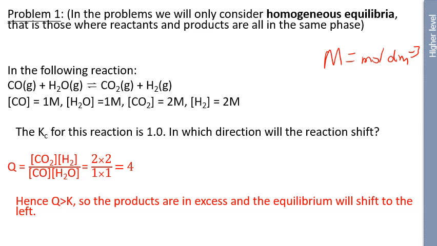So because the reaction quotient is greater than the equilibrium constant, the products are in excess and the equilibrium will shift to the left. You should have immediately realized that we're talking about reaction quotients from the last topic, and then linked it back to equilibrium constants. So it's going over the material we did in the last topic.